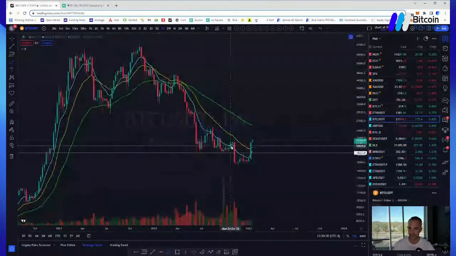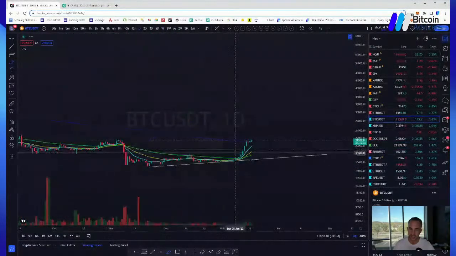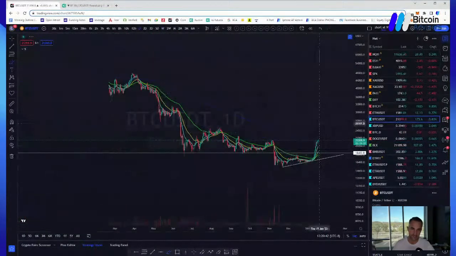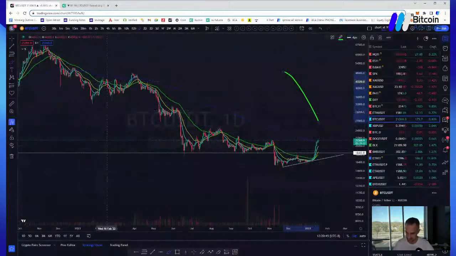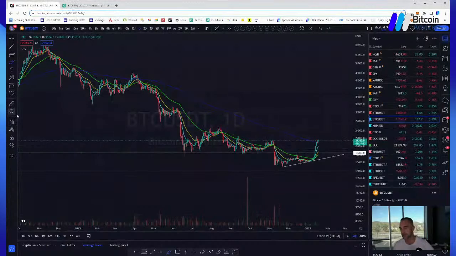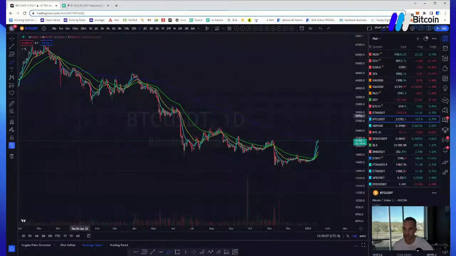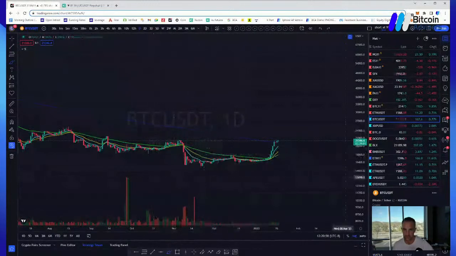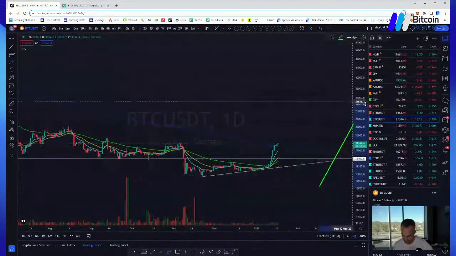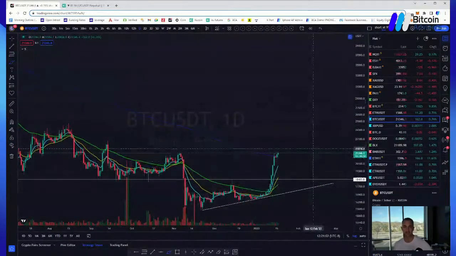What I think is more present right now is on the daily time frame. Well, and this is still far away, right? This is still extremely far away from happening, but that's the last piece of the puzzle I'd want to see for a macro low to be put in: a golden cross on the daily time frame. We already got the silver cross when the 21 crosses the 55.